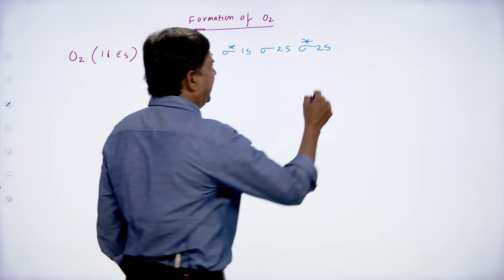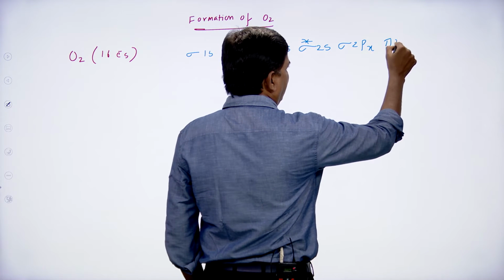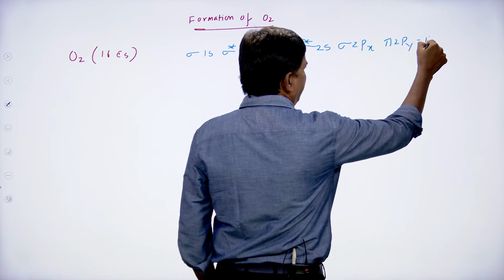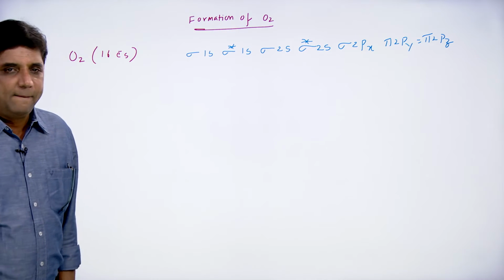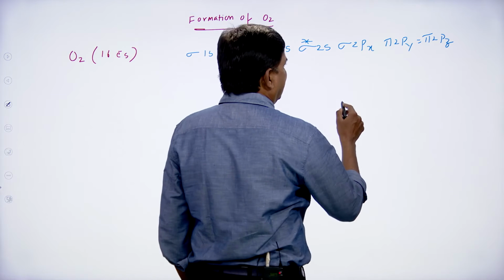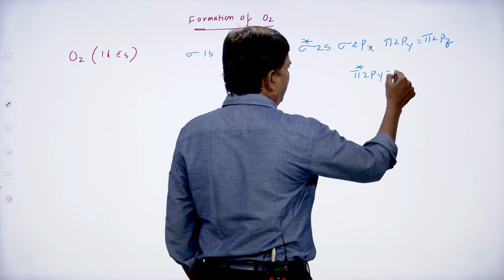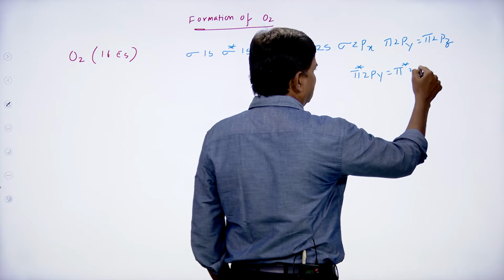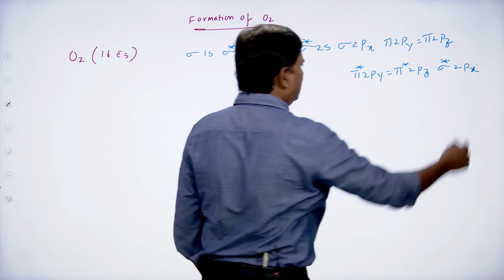Then sigma 2px, pi 2py equal to pi 2pz. And then pi star 2py equal to pi star 2pz, and sigma star 2px.